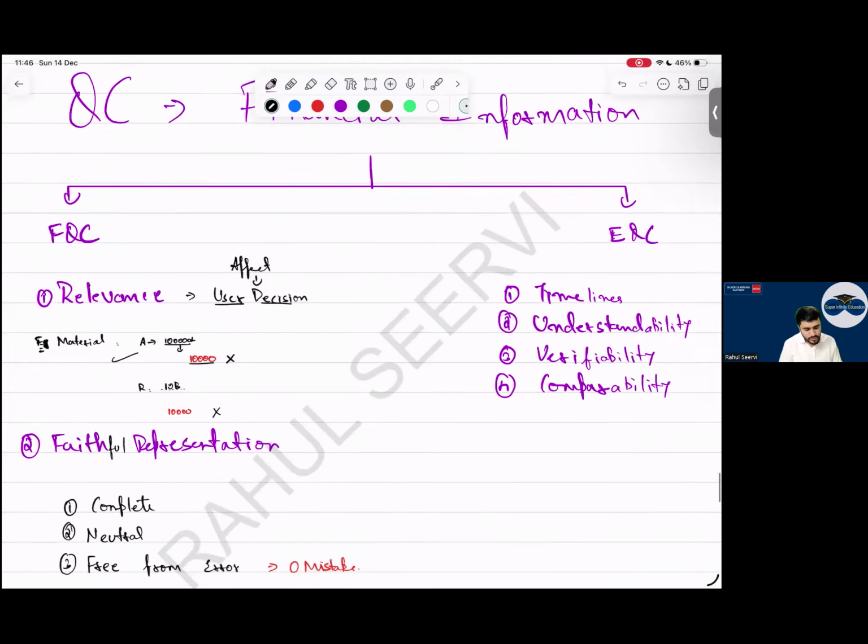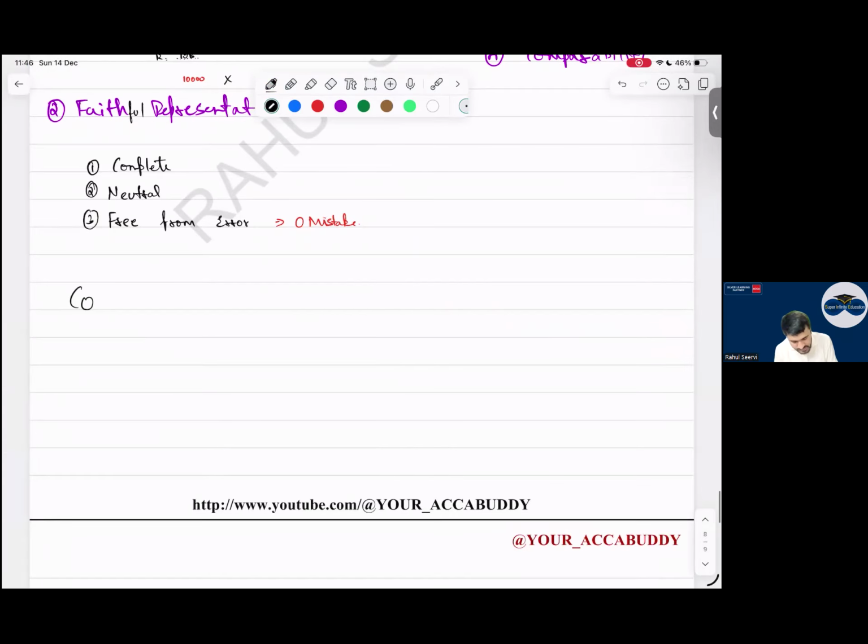If there is no doubt, the next point: cost constraint. What does cost constraint mean? Or cost benefit analysis? Sir, the benefit from preparing the financial statements should be more than the cost incurred to prepare them. Okay. So when the balance sheet and P&L are prepared, cost is involved.